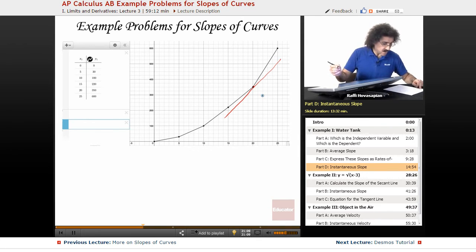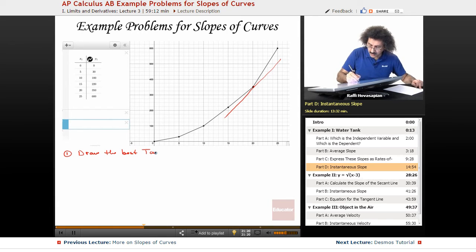So let's write that down. Draw the best tangent line. Next, you're going to pick 2 points on the tangent line.